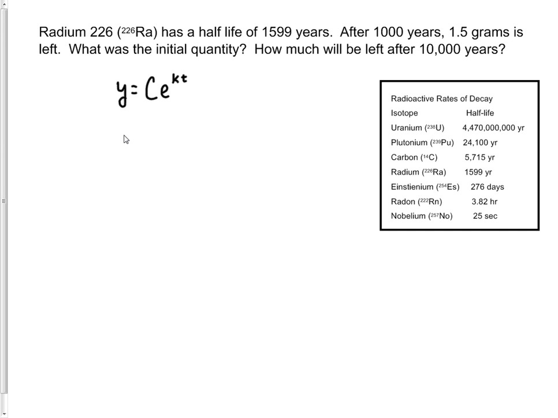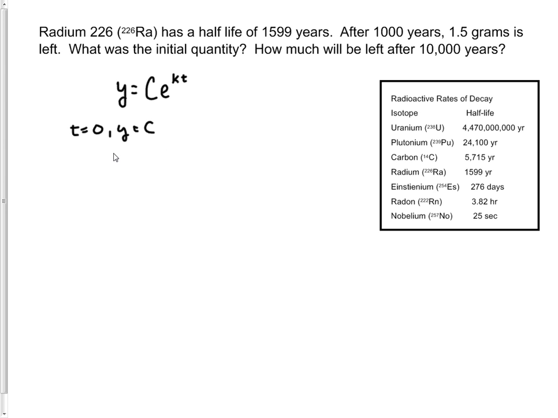Well, first of all, if we have a half-life of 1,599 years, that tells us that, whatever our initial quantity was, at t equals 0, y will equal c grams, right? However much we started out with.